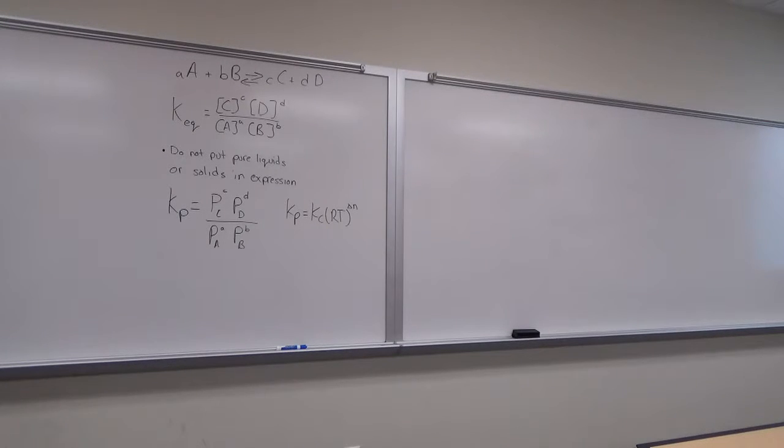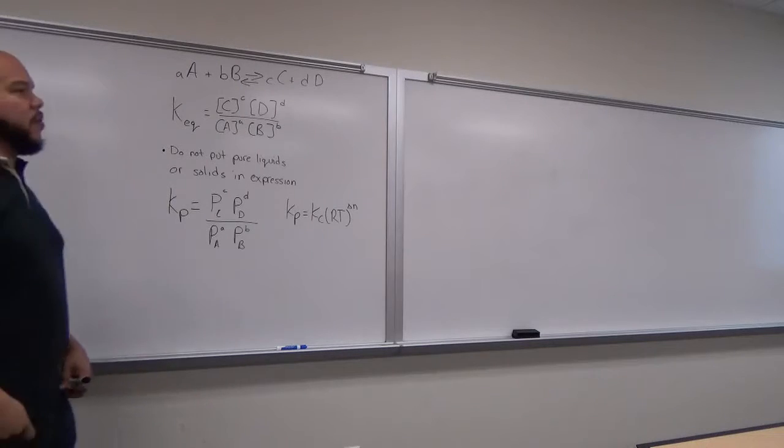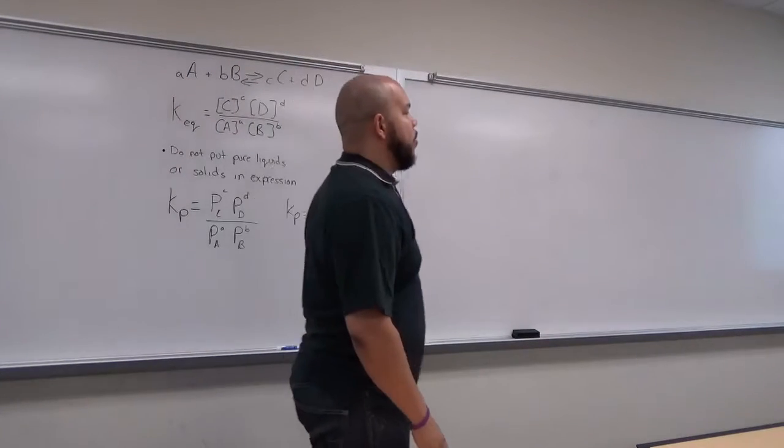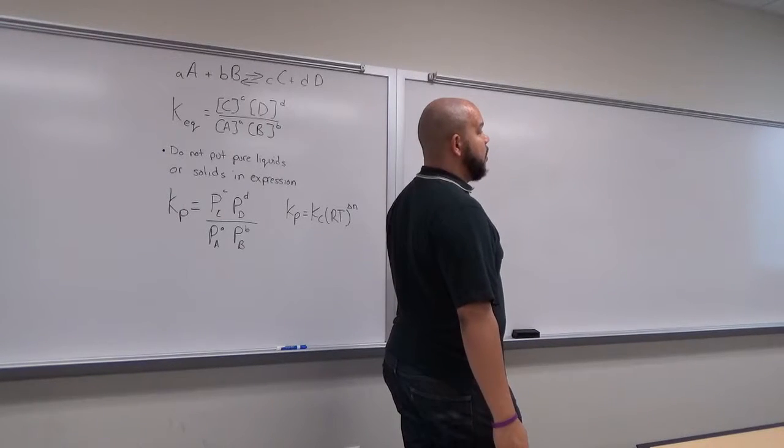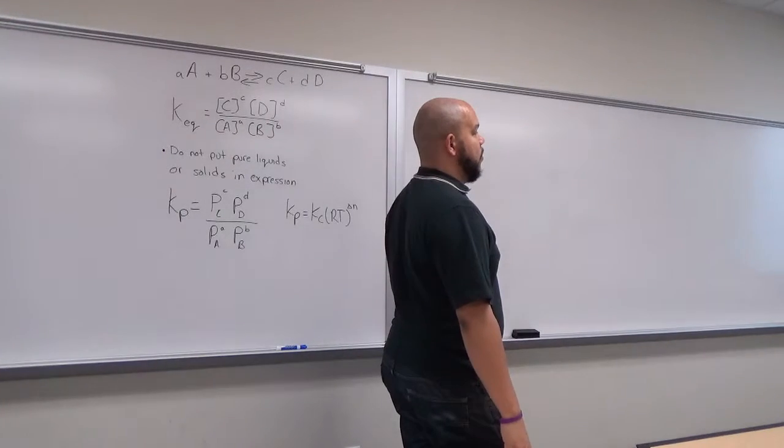All right, so this is 15.35 here. A mixture of 0.1 mole of NO, 0.050 moles of H2, and 0.1 mole of H2O is placed in a vessel at 300 Kelvin.